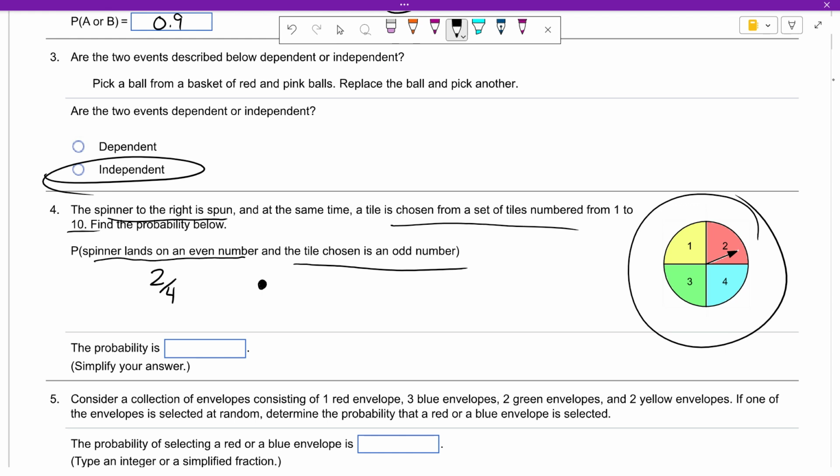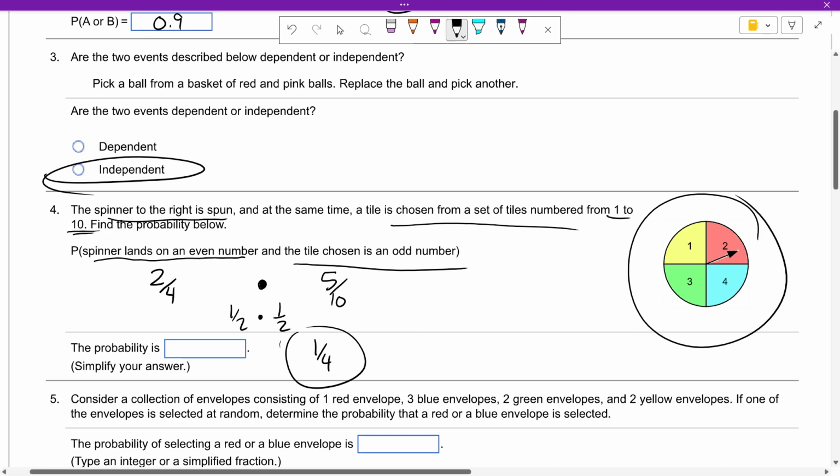And we have to multiply. The number tiles from 1 to 10. How many odd numbers are there from 1 to 10? 5 out of the 10. So you got a 1/2 times a 1/2, which is a 1 out of 4 chance of spinning the spinner for an even number and at the same time choosing a tile that's an odd number.